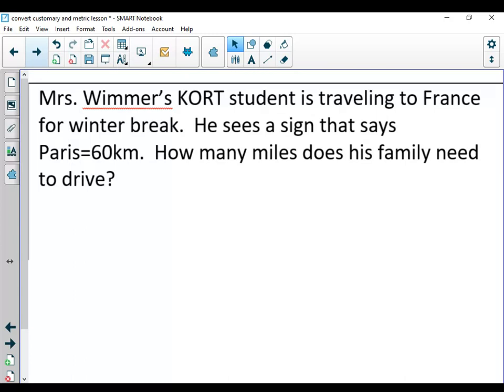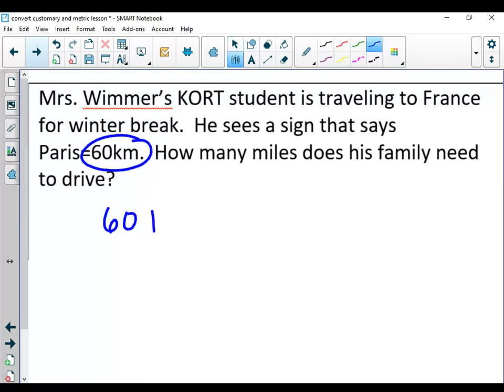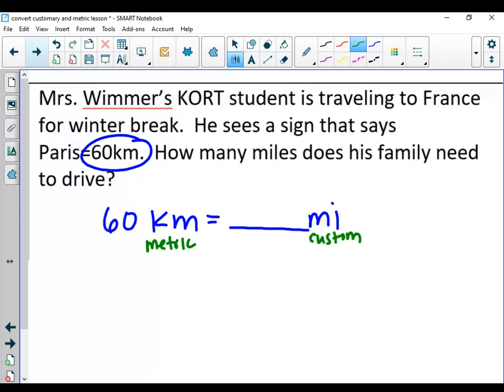So he is starting with kilometers, and he is changing that to miles. Starting in metric, changing to customary. Similar to yesterday, since 60 is a whole number, I'm going to put a 1 under it.